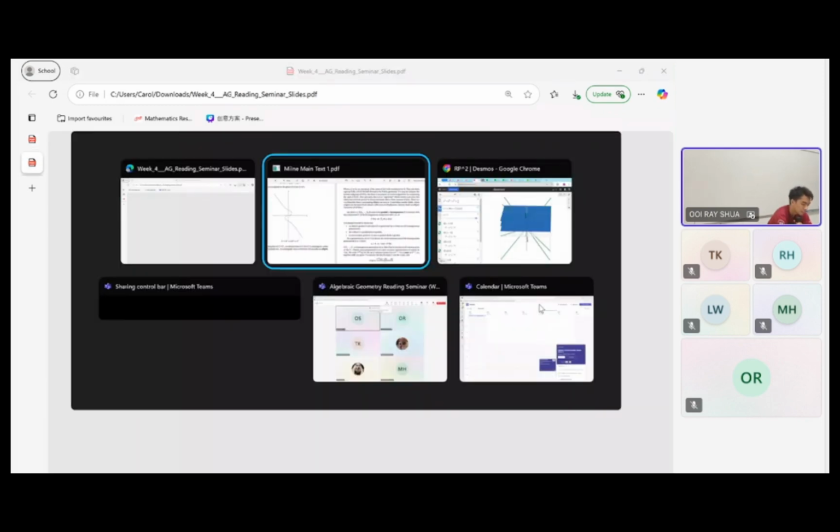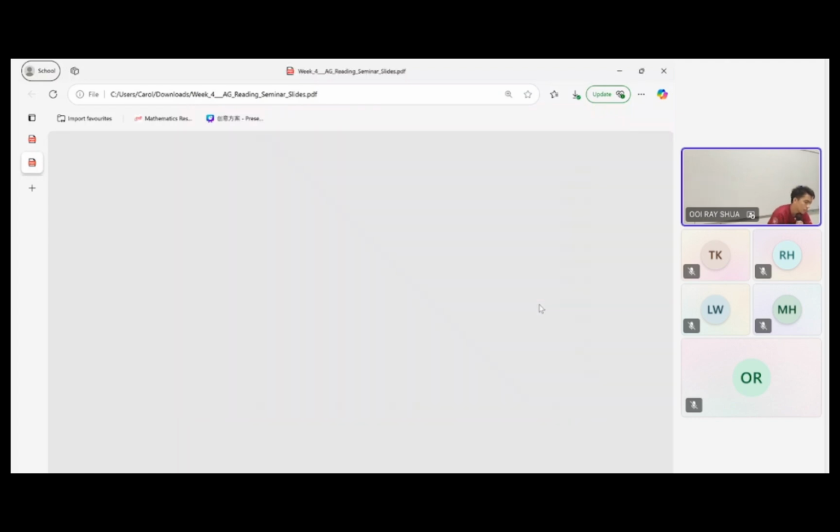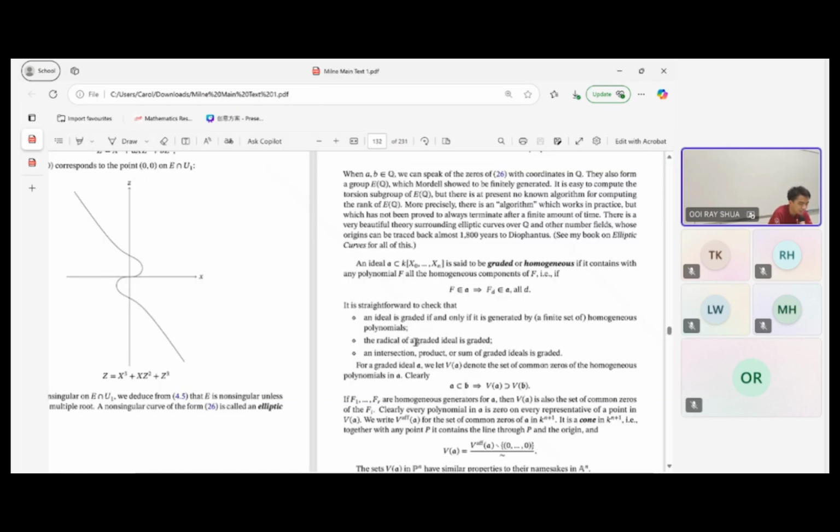Anyway, where do we go? The second statement is that the radical of a graded ideal is still graded.